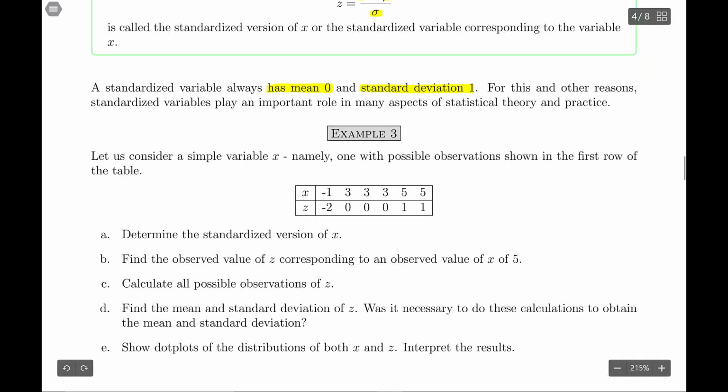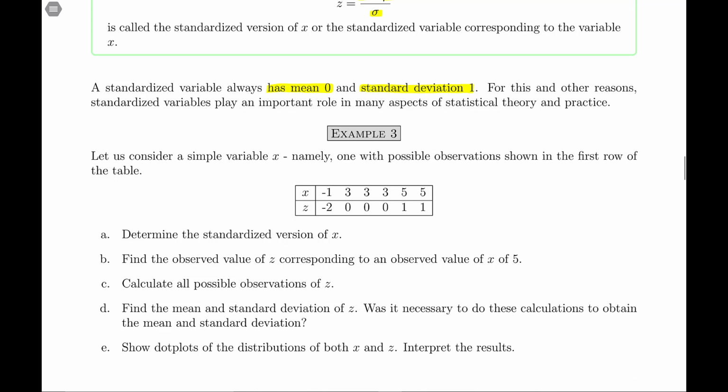So the first thing we want to do is consider in example 3 some variable x, and it has these values: -1, 3, 3, 3, 5, 5. They've already provided us with z values of -2, 0, 0, 0, 1, 1, and part A simply asks us to determine the standardized version of x.